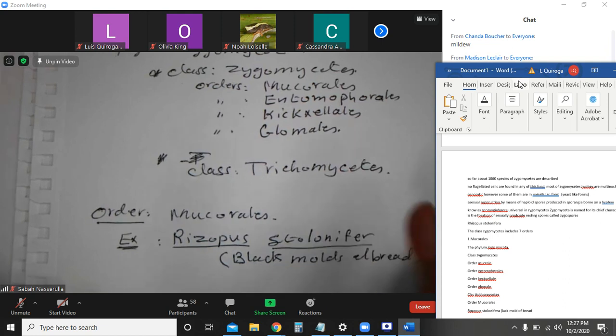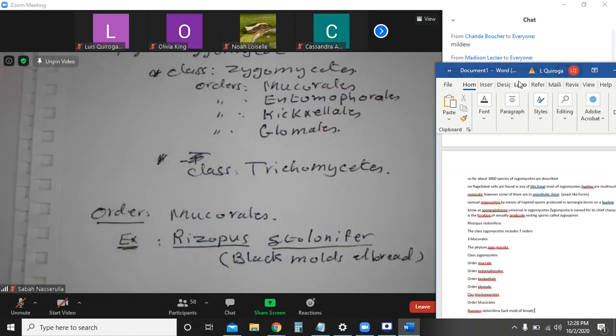I'm going to use it as an example to describe this group. There's a similar example in the lab; I don't know if they showed you the Rhizopus in the lab or not yet. Yes. It differs only in that it looks more yellowish and a little bit different in the spores, but more or less exactly the same thing here.